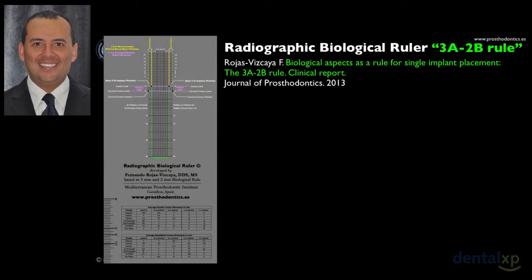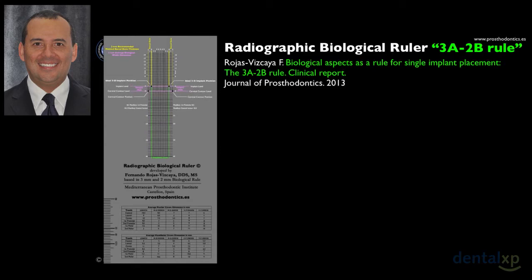But before, let me show you the ruler that I use to make this analysis. It's a radiographic biological ruler where I can apply the 3A to B rule, and I also add some extra information that always we need to use to determine all these remaining stable points of reference to do all the analysis.